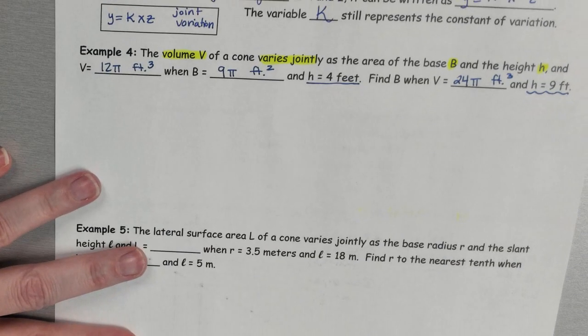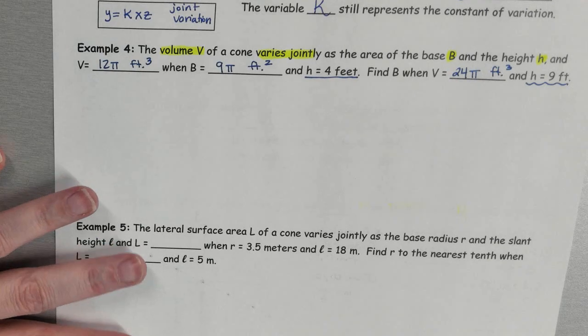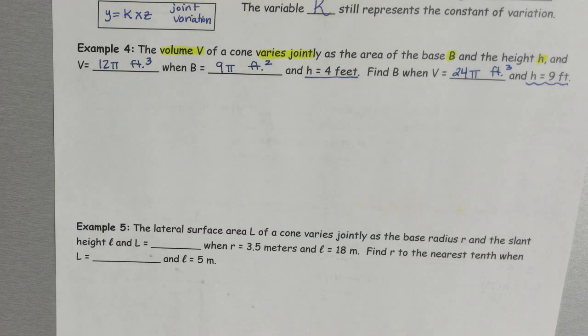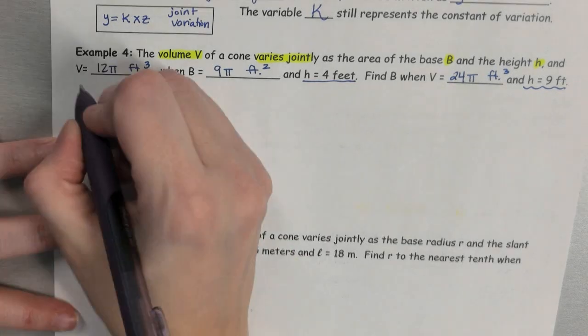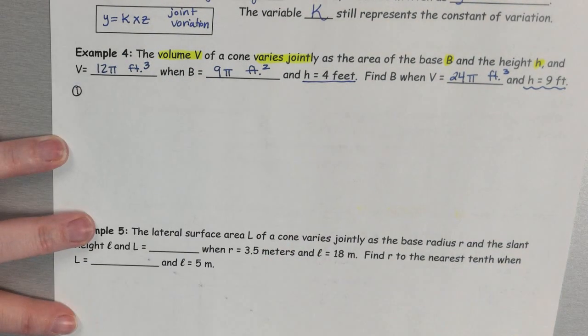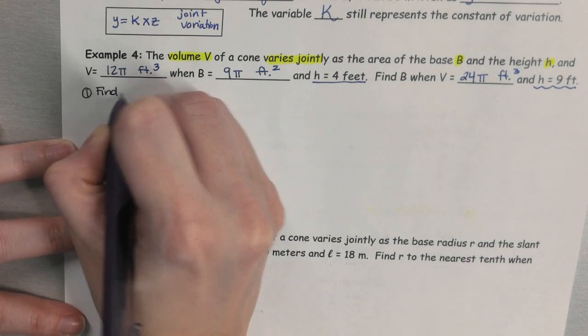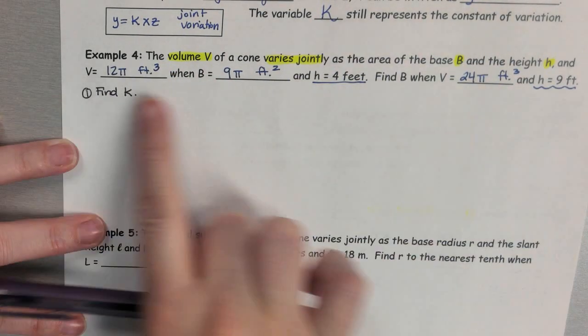Okay, so remember, they're going to give you all this information at one time, so you have to pick out what you're using for step 1. Luckily, it usually goes in order. So when you're trying to find K in the first step, you can use what they give you first here.